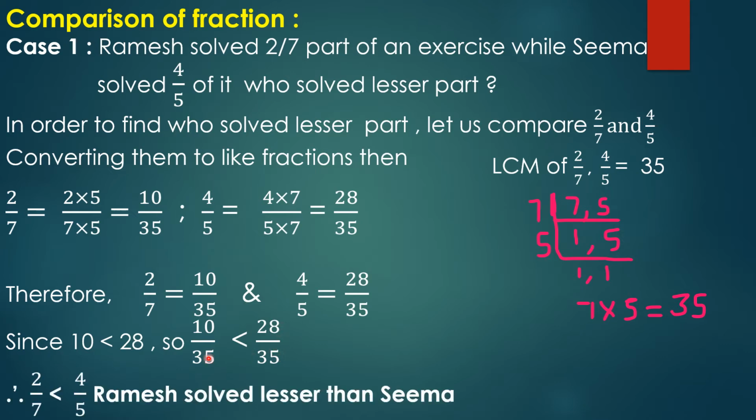Now, 10 by 35 is nothing but 2 by 7, and 28 by 35 is nothing but 4 by 5. When we compare back to our question, 2 by 7 is less than 4 by 5. Ramesh solved less than Seema because 2 by 7 is less than 4 by 5. Therefore, Ramesh has solved the lesser part of the exercise.